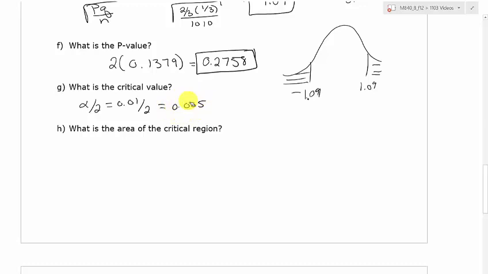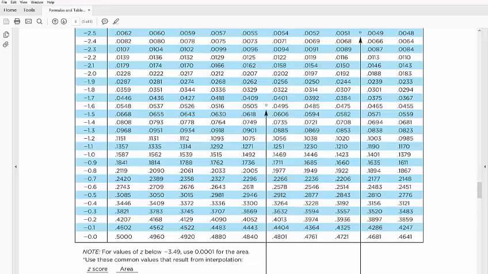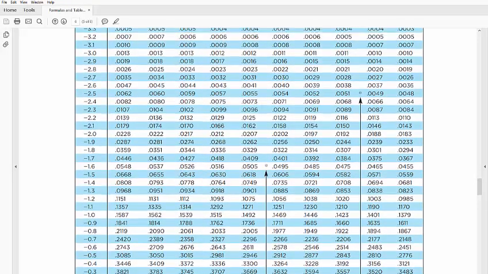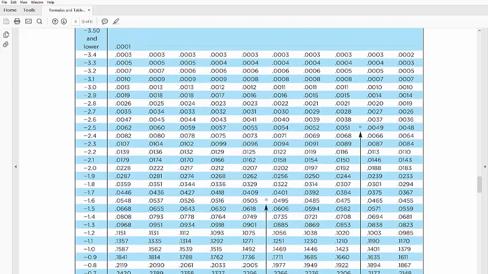So to look up the critical value in a z table, you would find this number in your table. Inside the body of the table, we need to find 0.005.